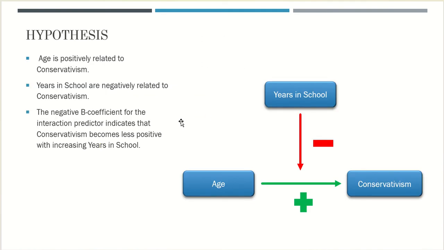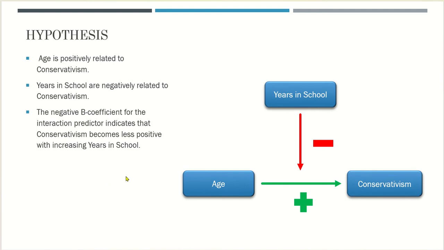Basically we're hypothesizing that age is positively related to conservatism. So the older one gets, the more conservative they become. However, we believe that the number of years a person spends in school can influence the amount of effect age has on conservatism by reducing the amount of conservatism a person might have.